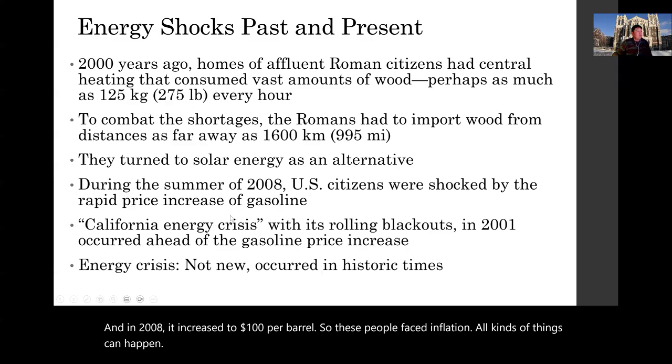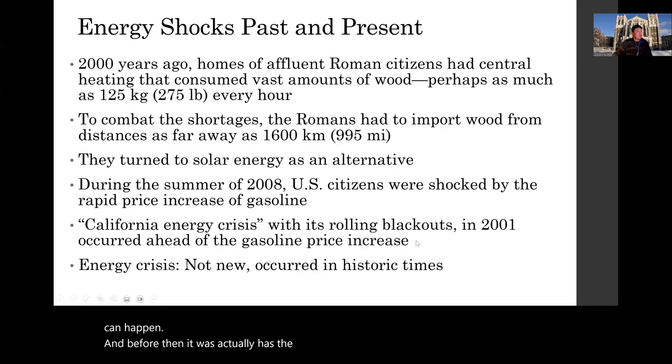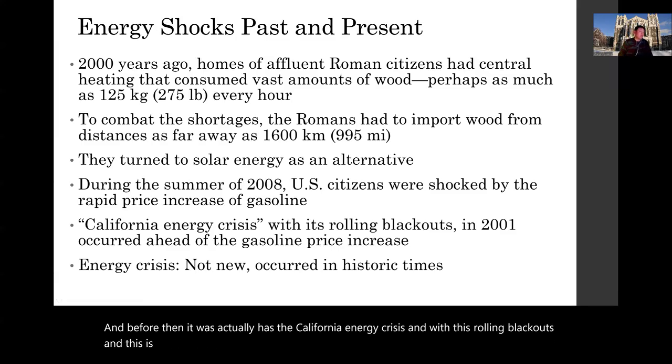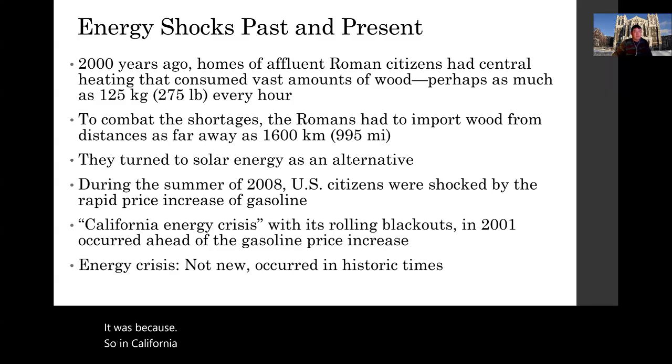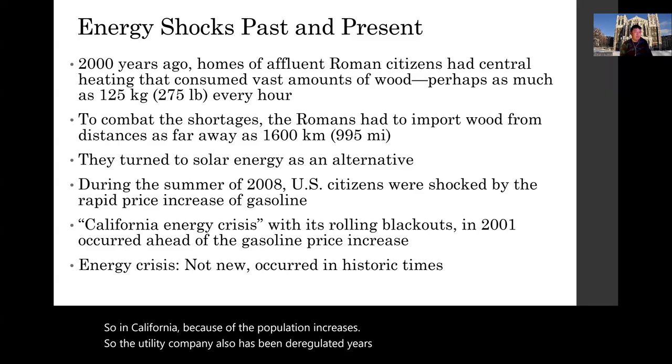Before then, there was the California energy crisis, which involved rolling blackouts. It happened before the 2008 energy shock. In California, the population was increasing, and the utility company had been deregulated years before.